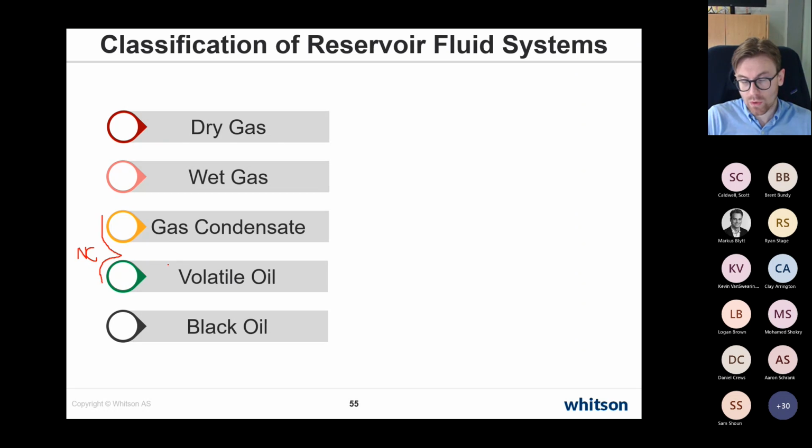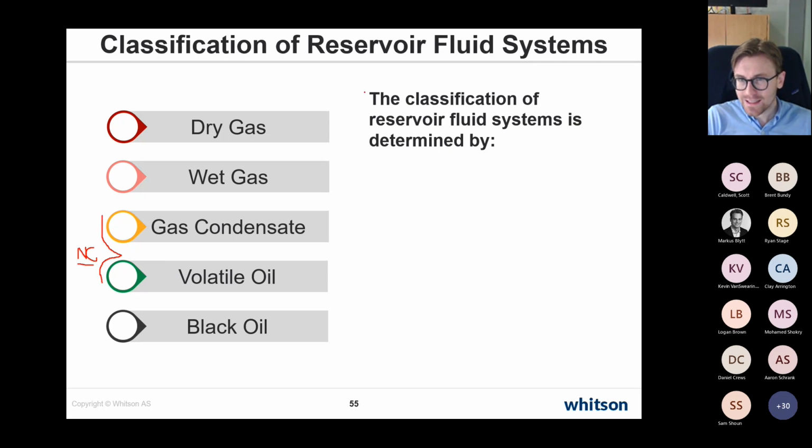And what is the critical point? Well, the critical point is the point at which the properties of oil and gas essentially converge and they're equal. So you can't really distinguish whether or not it's a liquid or a gas. Okay. So if we talk about near critical fluids, that's between here, and we'll give you an example of that later.